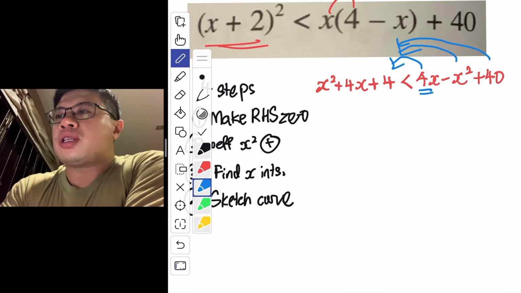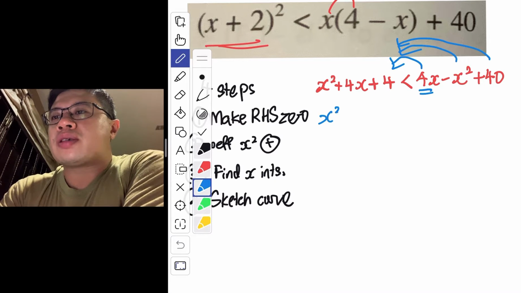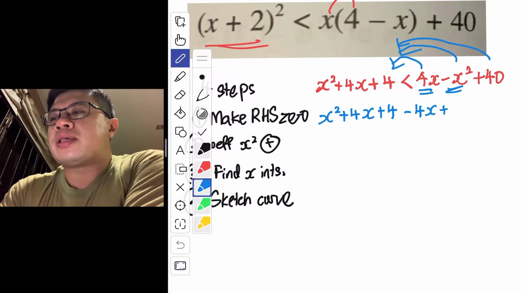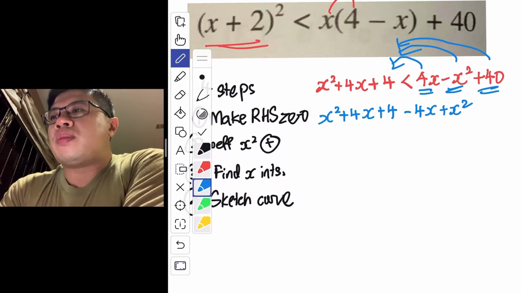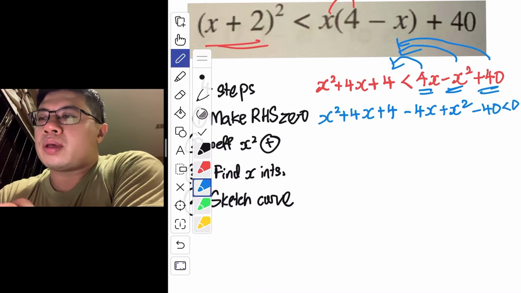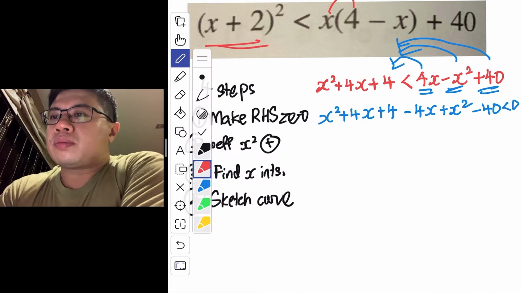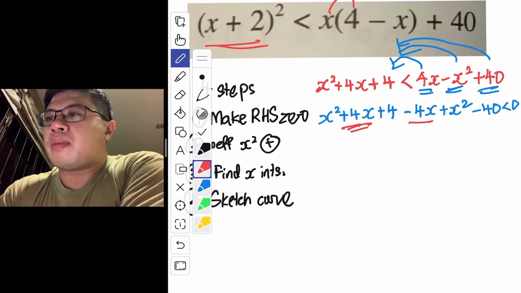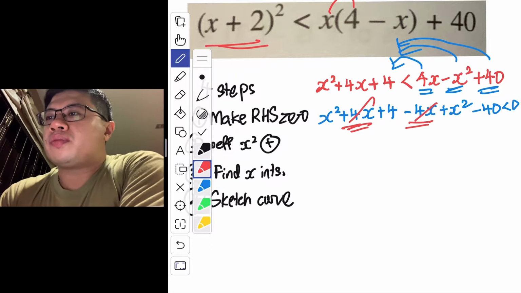Okay, positive 4x will give me a negative 4x. So x squared plus 4x plus 4, writing the original 3 terms, minus 4x. Now minus x squared will become a plus x squared, plus 40 will become a minus 40, to be less than 0. Okay, so over here, I have plus 4x, minus 4x, they will cancel off.